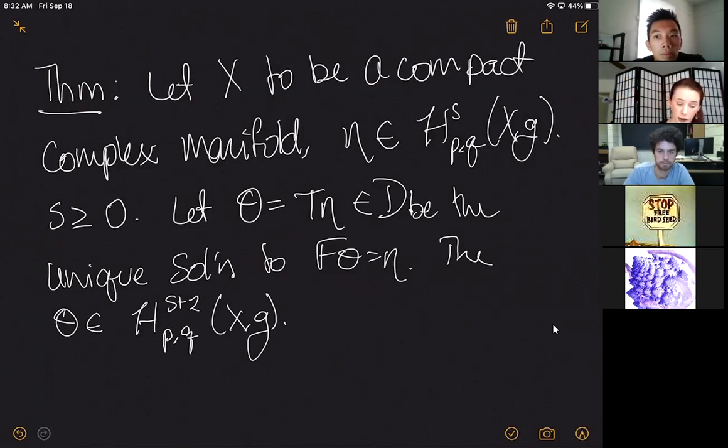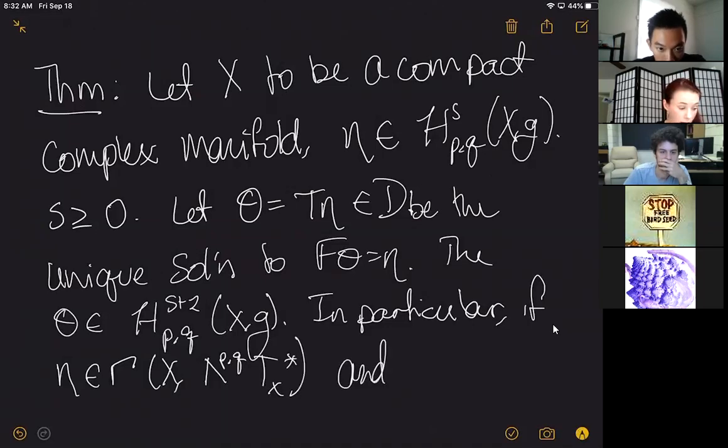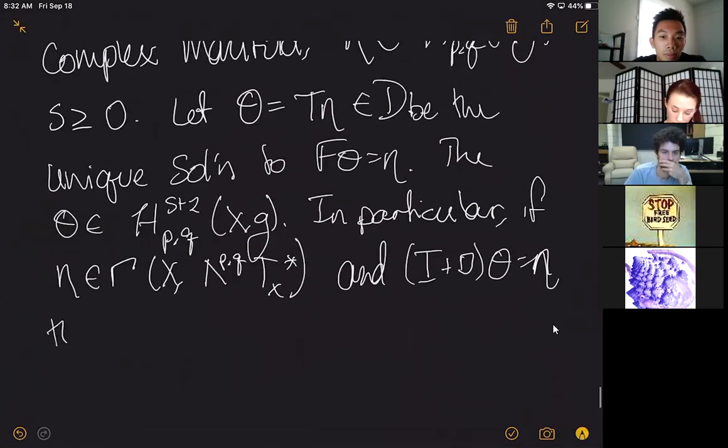And then this next thing, in particular, if eta is smooth, and we have that this equality holds in the sense of currents, so weakly, then theta is also smooth.